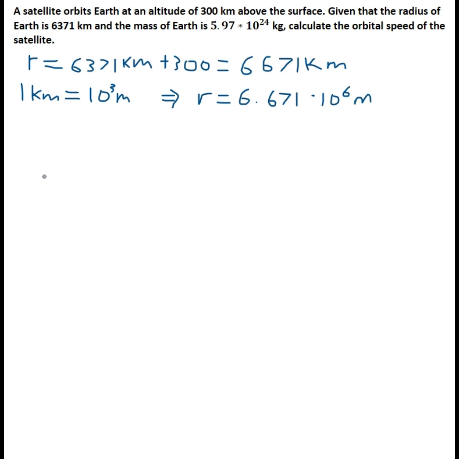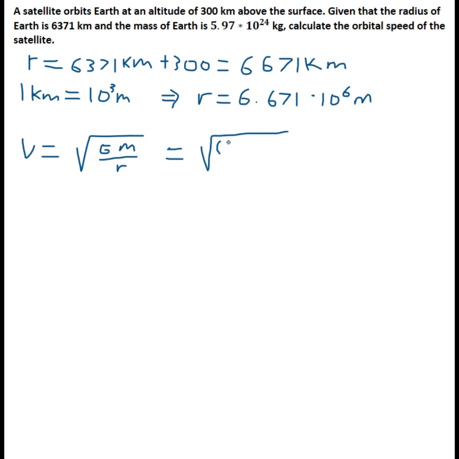Now, to find the orbital speed, we can use the orbital speed formula, which is that the velocity is equal to the square root of the gravity constant times the mass divided by the radius. If we plug in our values, this is equal to the square root.